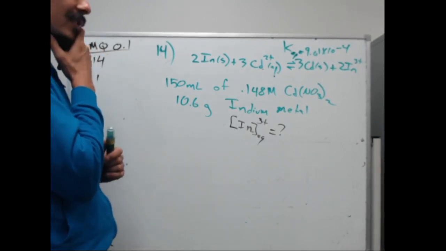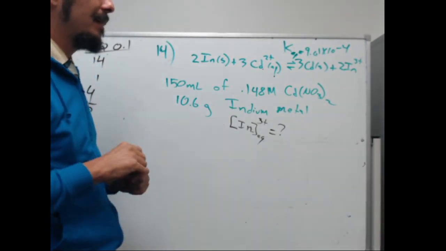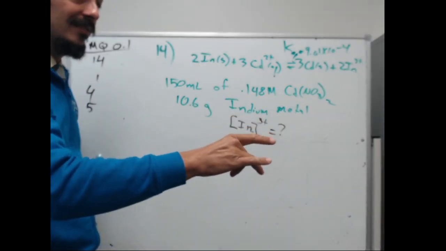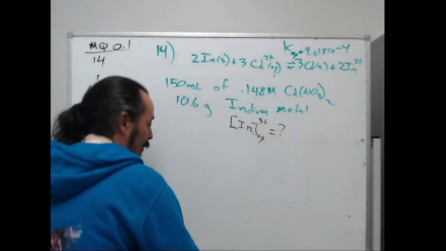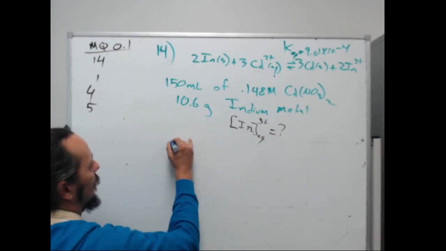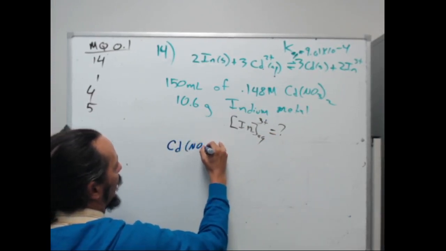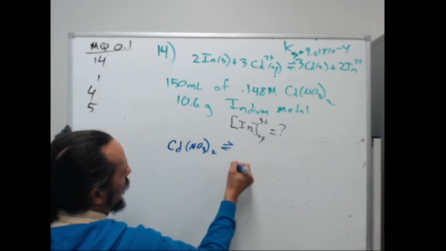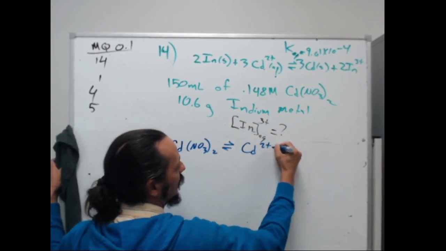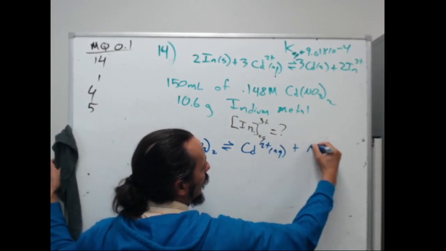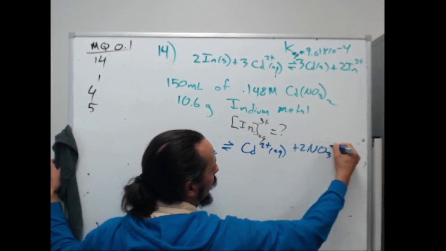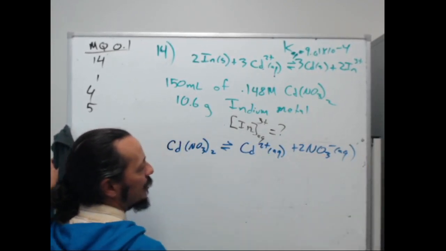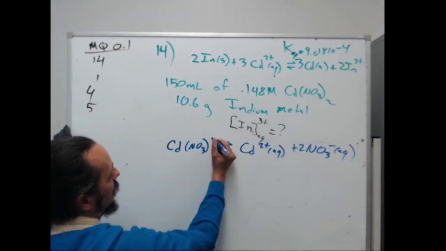Now, one of the weird parts that you were asking about is that it gives us cadmium nitrate. Nitrate compounds are soluble, always soluble. So the cadmium nitrate is just going to go to cadmium 2 plus, and that nitrate is just going to be a spectator ion.